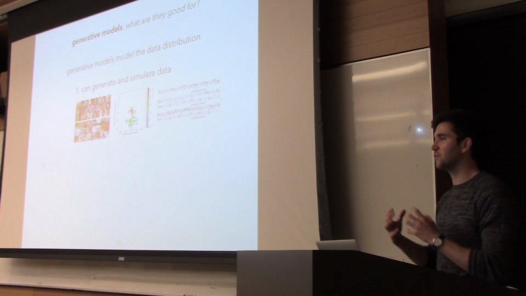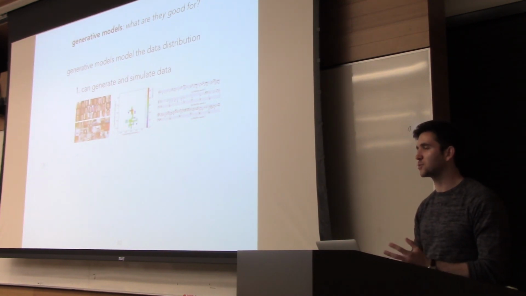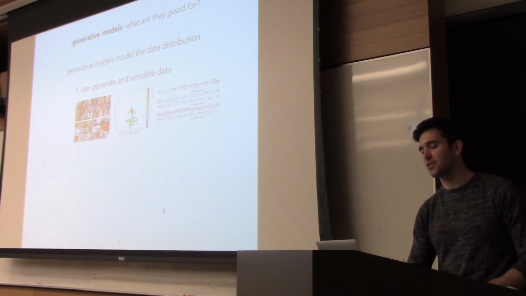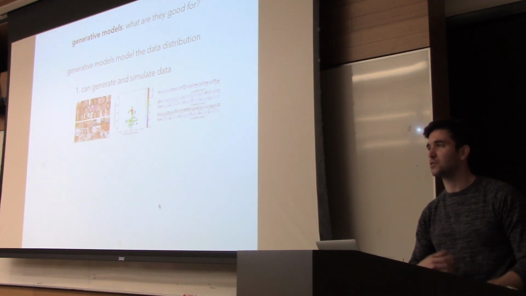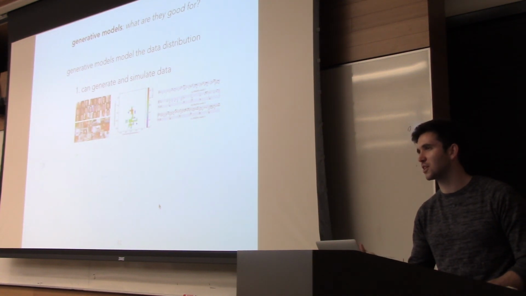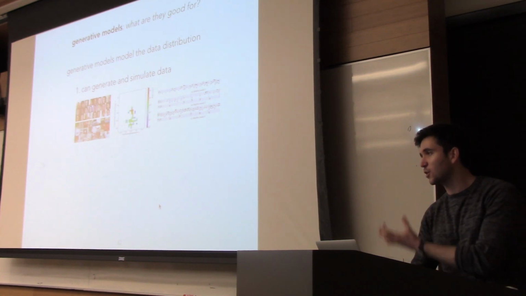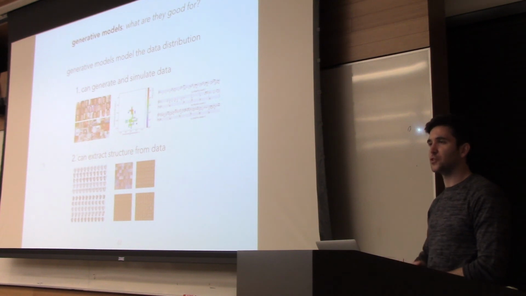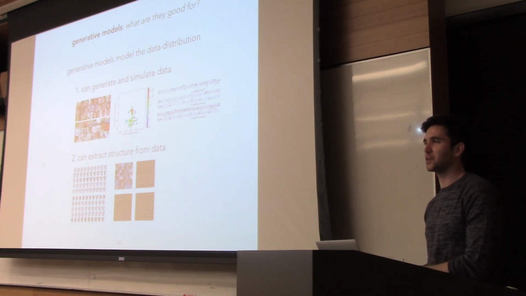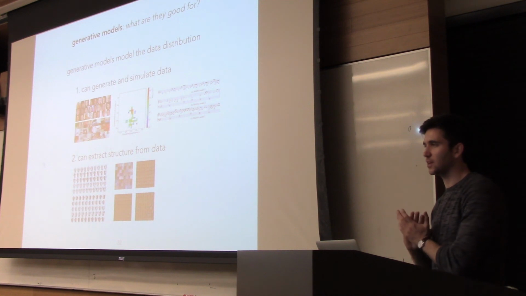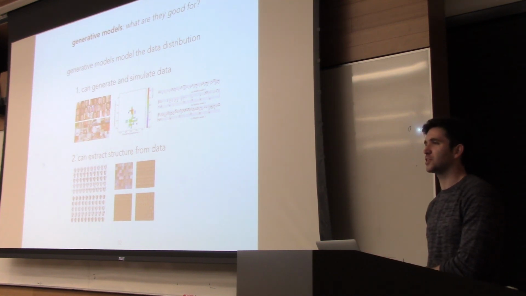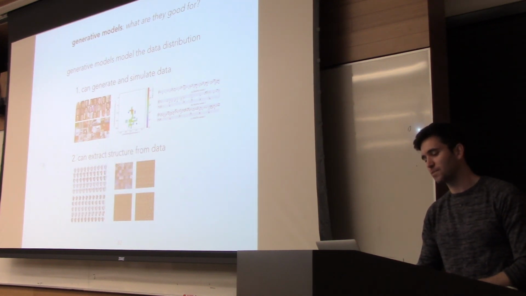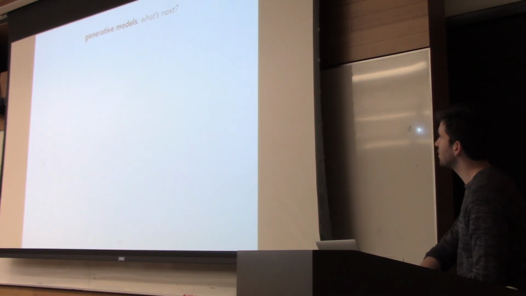If you had a very limited data distribution and you'd like to interpolate in this space and get a better sense of the data distribution, or if you want to generate new images, new experiments, new music, things like that, then if you really care about having these samples, they're useful. The other reason is that you can extract structure in a totally automated way. This is incredibly useful because supervised learning clearly has some limitations that we would like to get over.